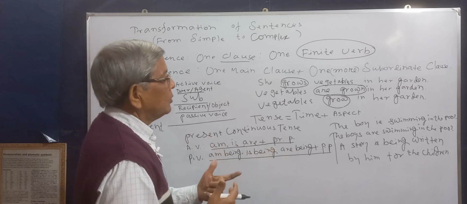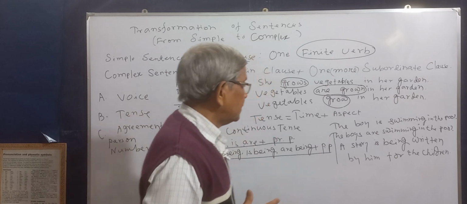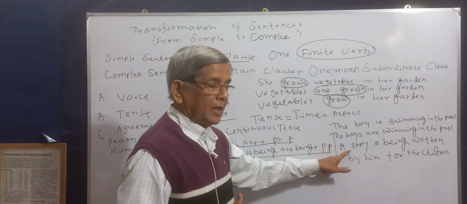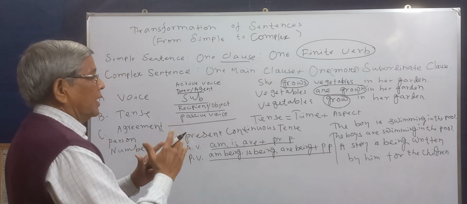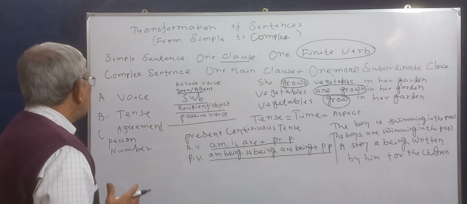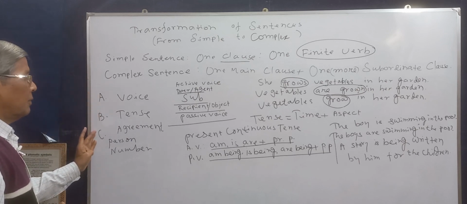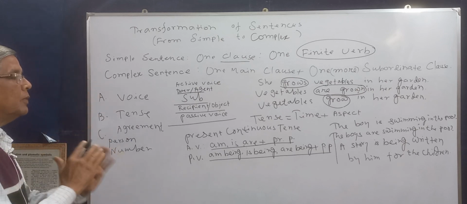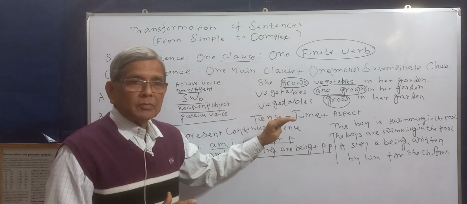And we had to choose is being written because our subject is now third person singular number. So these are the features of the finite verb, and we have to have a completely clear idea of these features of the finite verb and how to make a verb finite according to this process.